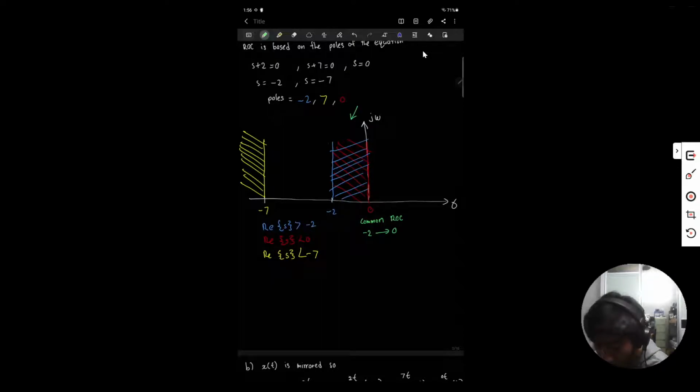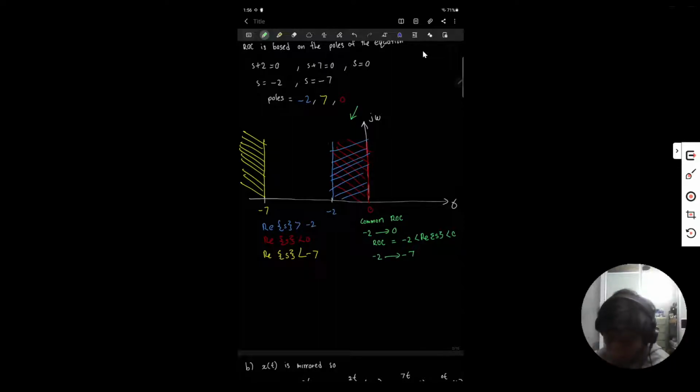So we ignore -7, and we get a vertical strip. For the vertical strip, the ROC will become more than -2 and less than 0.